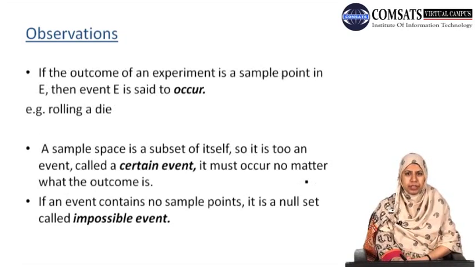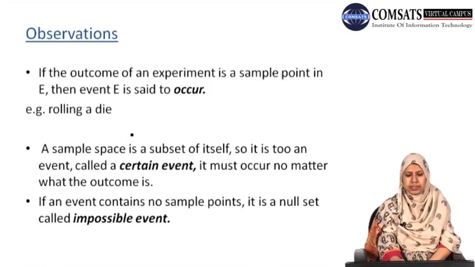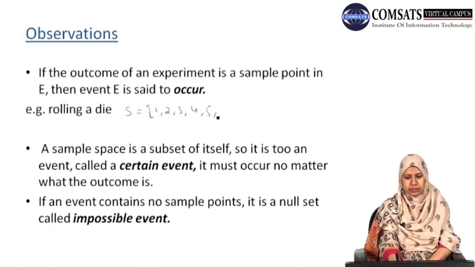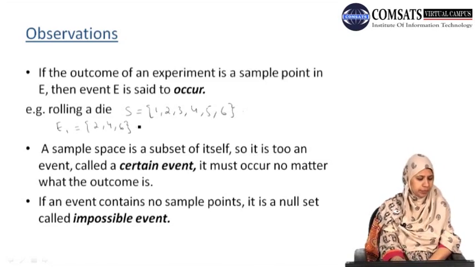Now, if the outcome of an experiment is a sample point in the event E, then the event is said to occur. For example, rolling a die, our sample space contains 6 sample points, and we define our event E1 as the outcomes 2, 4, 6.